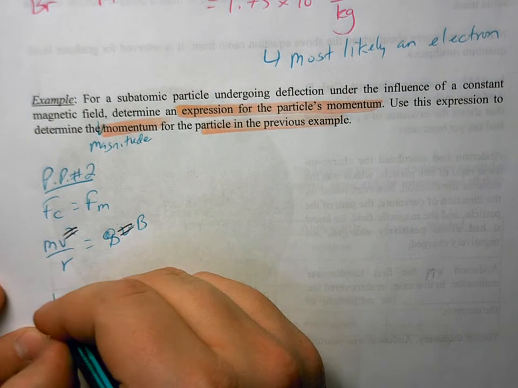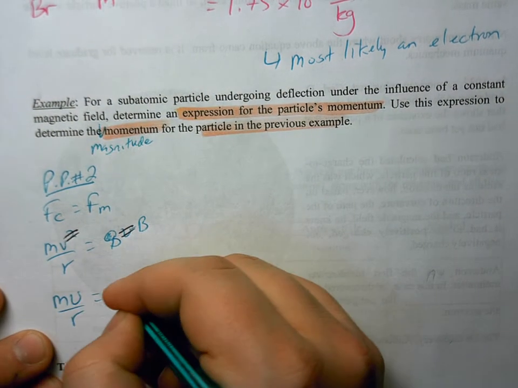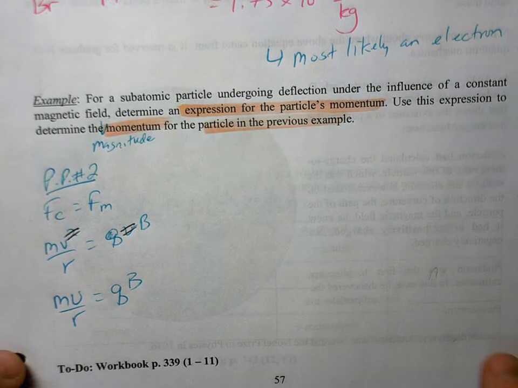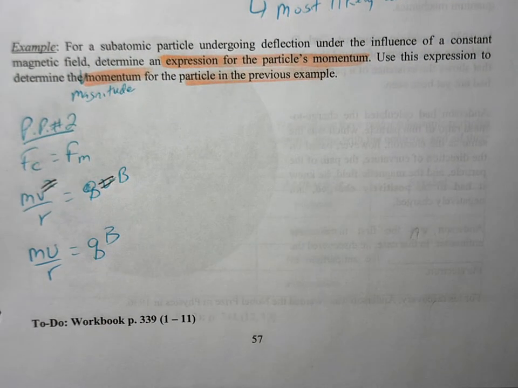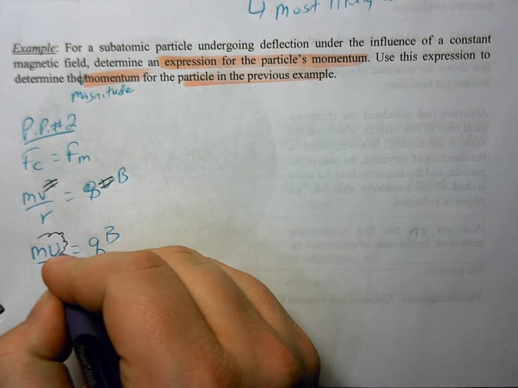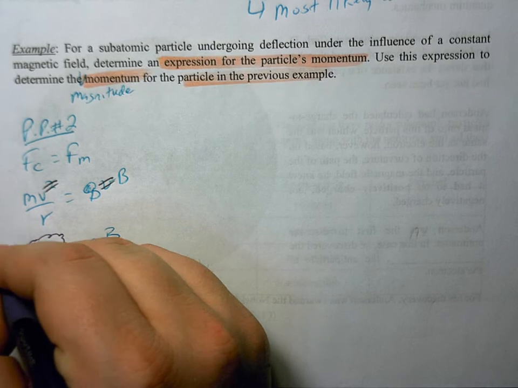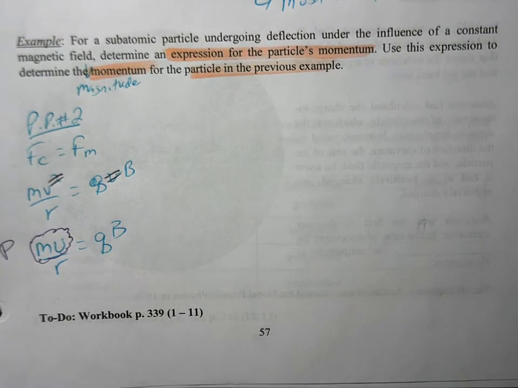So we're going to be left with mv over r equals qB. Here's the good news though. The definition that we love and know for momentum, mv, we see that appearing right here. That is our definition of momentum that we learned in the very first unit. So I have mv over r equals qB, or p over r equals qB.